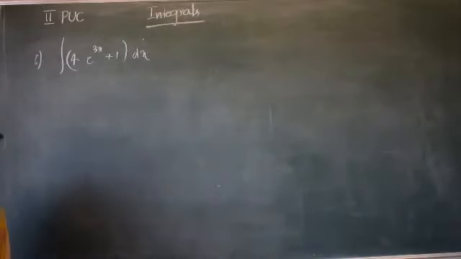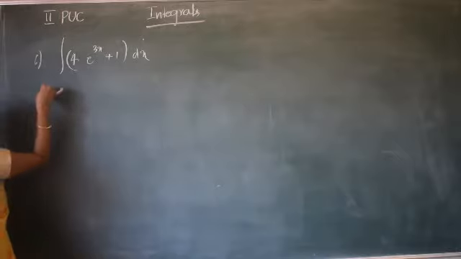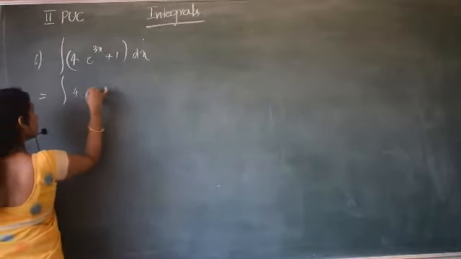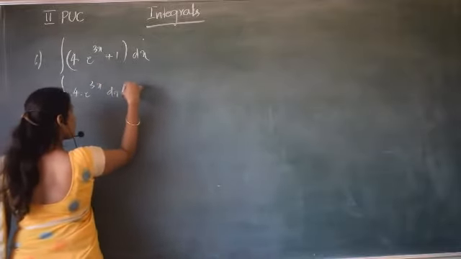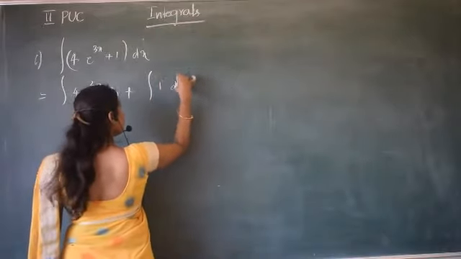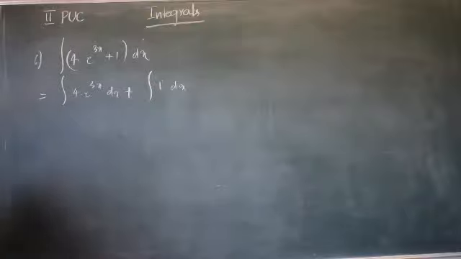Again it is the sum of two functions, f of x plus g of x, so the integral of the first one and the integral of the second one. So this will be equal to the integral of 4 into e power 3x dx plus the integral of 1 into dx. Now 4 is a constant, we can keep it outside.